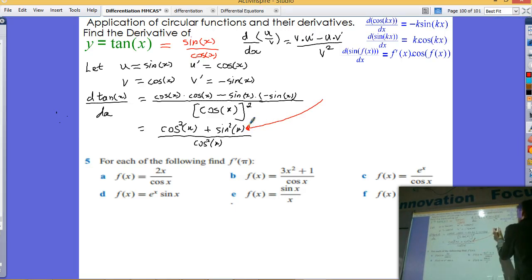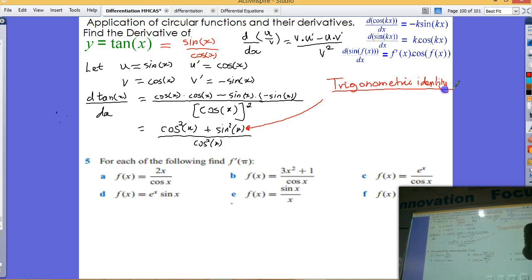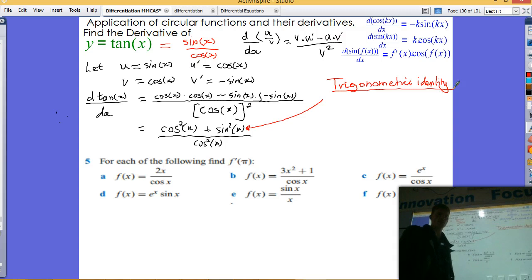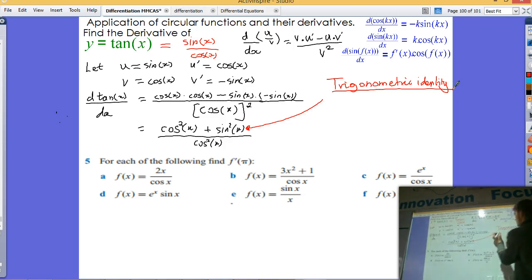Now, there's something called a trigonometric identity, and there are special rules that tell you how an expression of trig functions might simplify to something like a numerical value. So one trig identity says that cos squared of x plus sine squared of x is equal to 1.